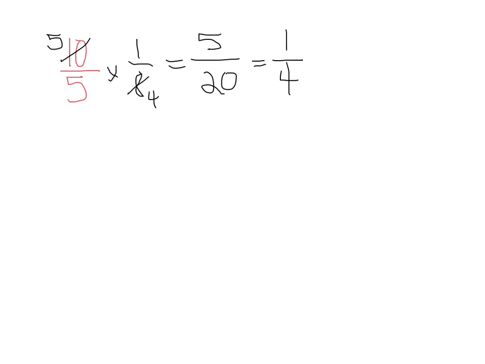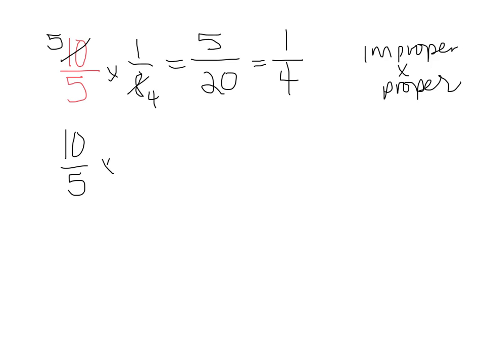I had 2 wholes multiplied by a pretty small fraction, and what did I get? An answer that's still less than 1. So this is an improper fraction times a proper fraction.